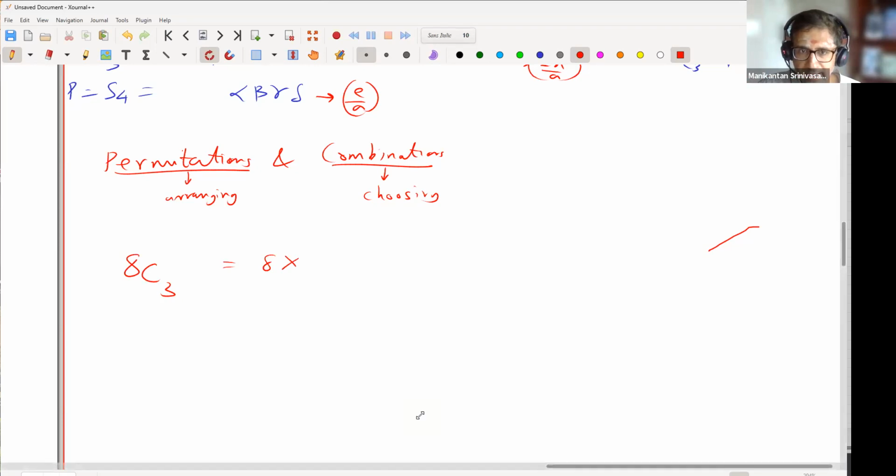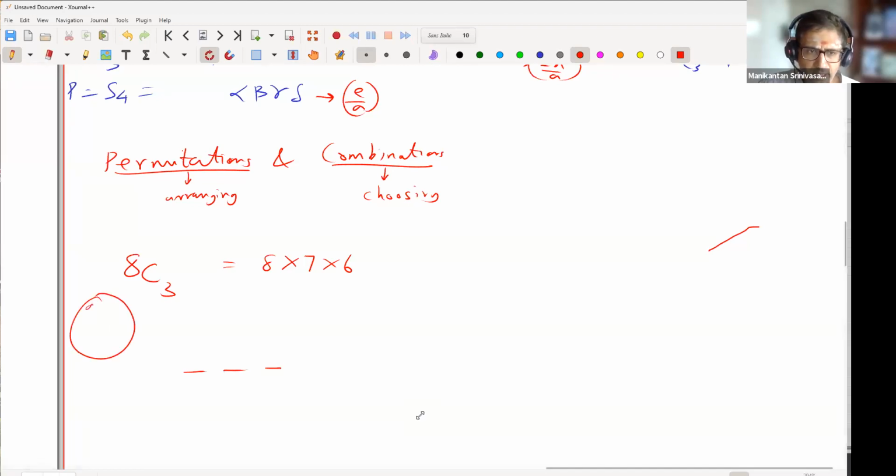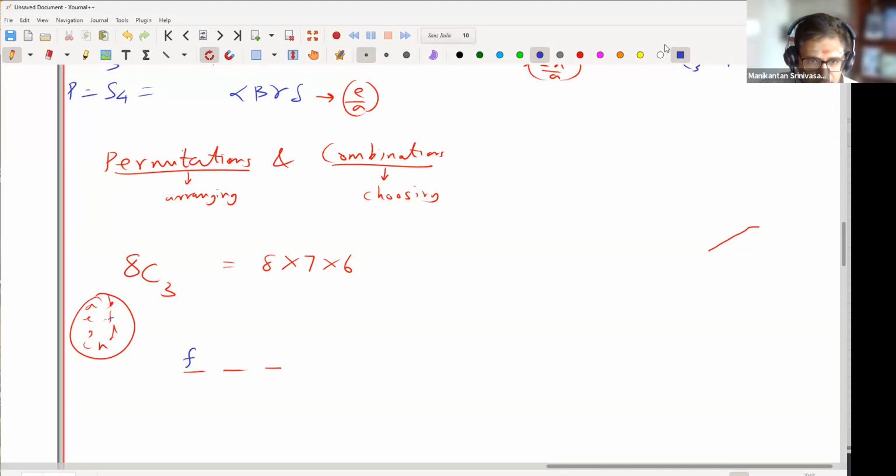Yes. So it's 8 into 7 into 6. But when I say 8 into 7 into 6, I'm actually specifying an order, right? There are 8 people here: A, B, C, D, E, F, G, H. I can call any one of them as the first spot. To form my team, I look at all my 8 players and say, okay, I need F. And then I need C. And then I need H. But the order in which I chose them does not matter because ultimately my team is only these 3 people.